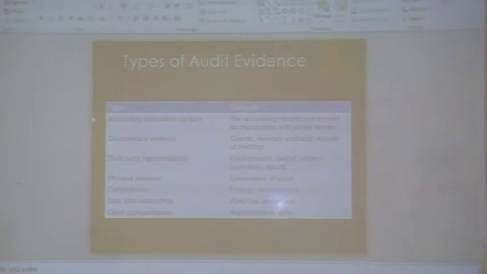Must obtain sufficient appropriate audit evidence. And if you can remember that little box here, it comes up like what type of audit evidence. If you can remember the little box there, and what the type is, and give an example, that shows you know what type of audit evidence you should actually be looking for.